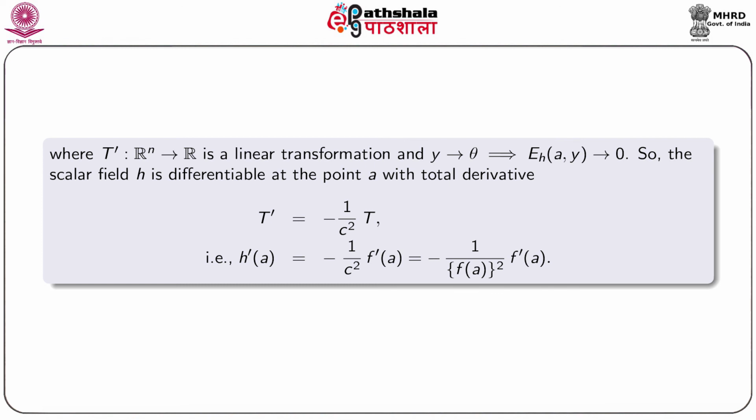Hence, the scalar field h is differentiable at the point a, and in this case the total derivative is T dash, that is h dash a is nothing but minus 1 upon c square f dash a. Let us put c equal to f a. So, the derivative is minus 1 upon f a square f dash a.